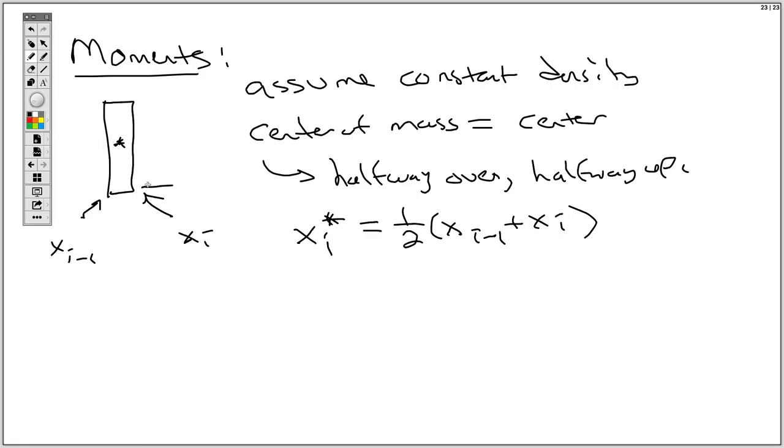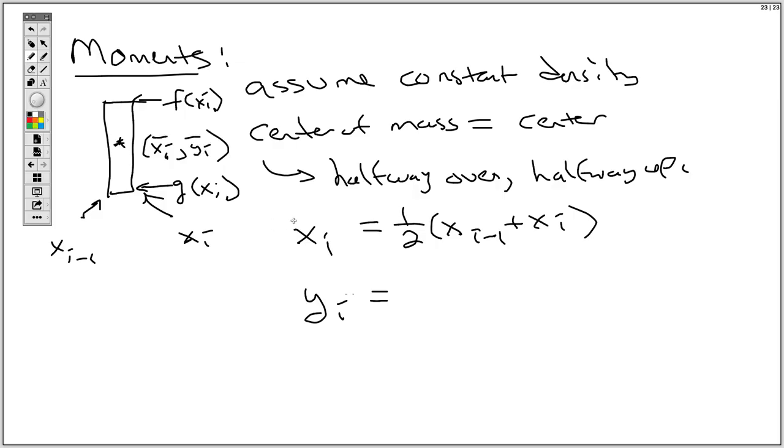If the bottom here is g of x sub i and the top is f of x sub i, then the y sub i star, which would be the center here, I'm not labeling things very well. Well, gosh, I hate to introduce new notation here. Let's keep it this way. Let's keep with the tradition. x i bar, y i bar. How's that? That would be 1/2 of f of x sub i plus g of x sub i.